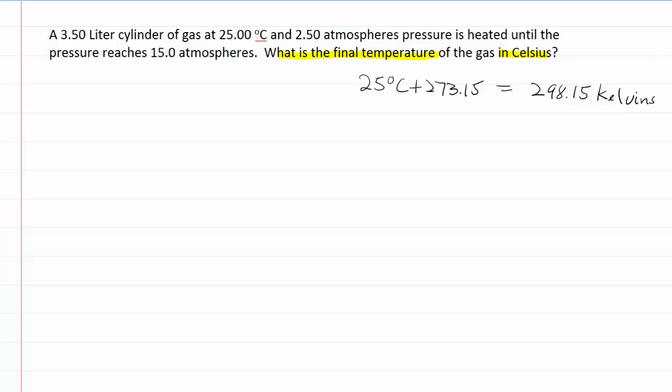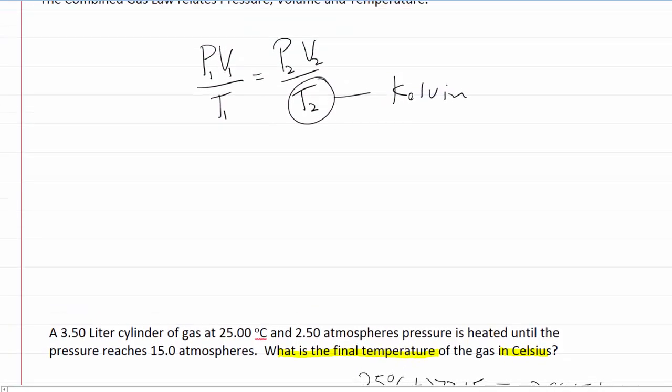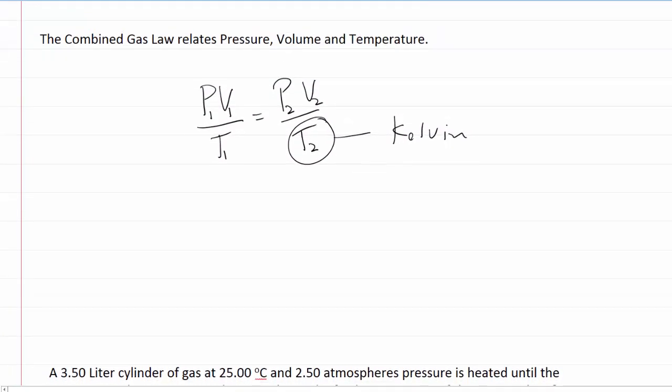Just to back up a little bit, if you think about this temperature scale in the PV over T form, if T went to 0, that would cause all sorts of problems mathematically. So temperature must never reach 0.